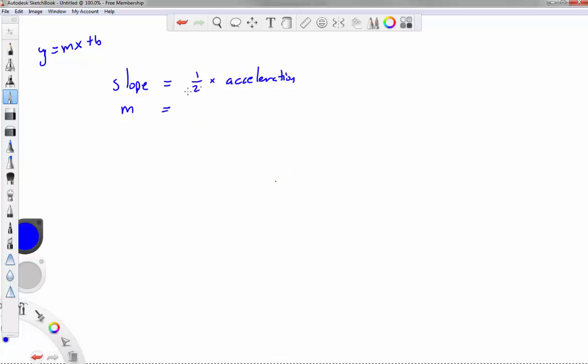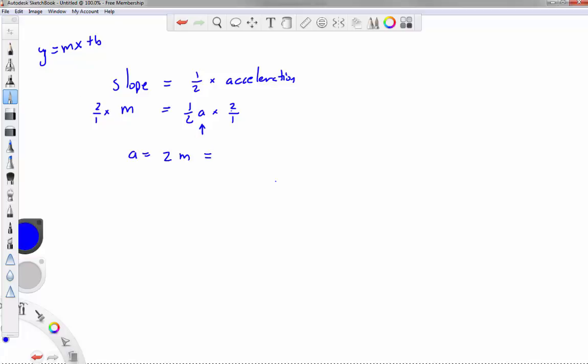So slope is 1/2 times the acceleration. So we're trying to solve for the ball's acceleration, a. What we can do for that is multiply this by 2 over 1, and to do that we have to multiply this by 2 over 1, and so you get a is equal to 2 times m.